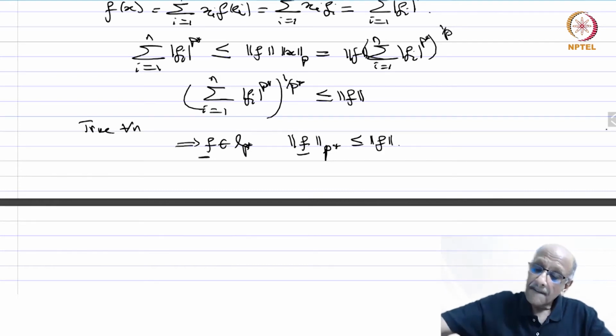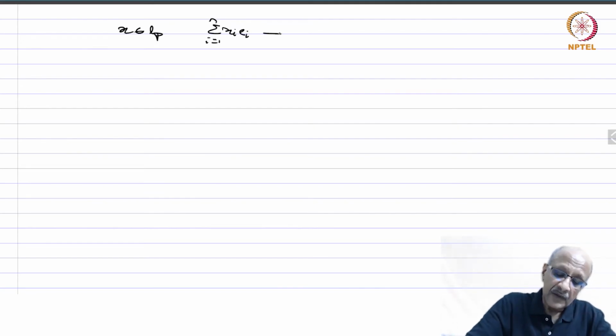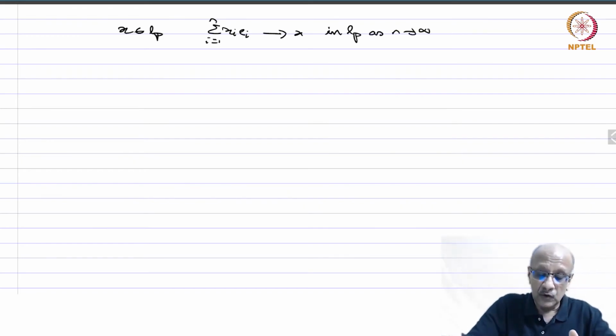Now further, if you take x in LP, then the sum over i equals 1 to n of xi ei will converge to x in LP as n tends to infinity, because this is just x1, x2, up to xn, 0, 0, 0. So I am truncating, and that's nothing but the partial sum series, and therefore it has to converge to the whole thing in this norm.